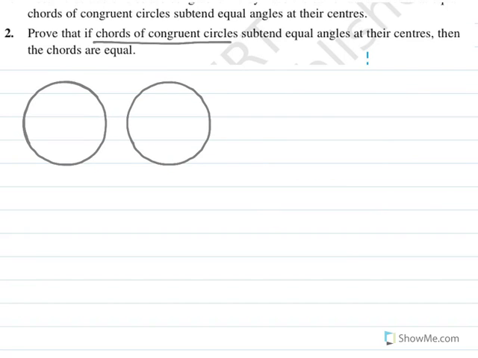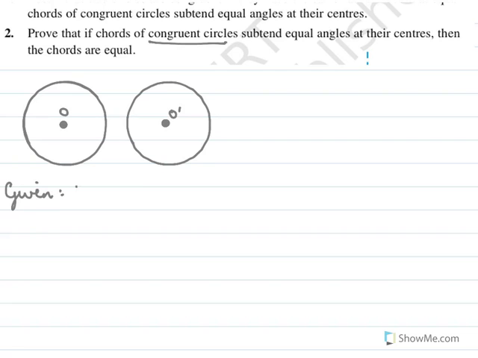Prove that if chords of congruent circles subtend equal angles at their centers, then the chords are equal. To start with, we need two congruent circles. So what are congruent circles? Circles having equal radius. So here we have two circles. Their centers are O and O dash, but they are congruent, so they've got equal radius.